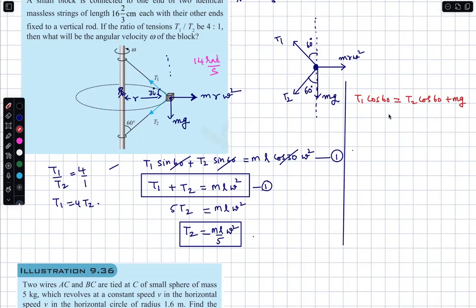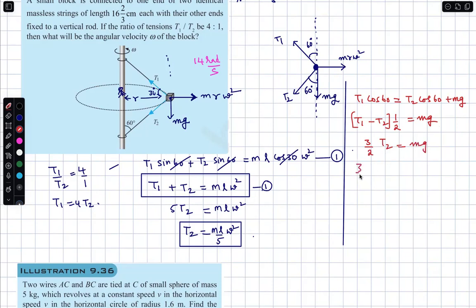So it is very clear from this that (T1 minus T2) cos 60, which is half, is mg. T1 is 4T2, so T1 minus T2 is 3T2. 3 by 2 T2 is mg.